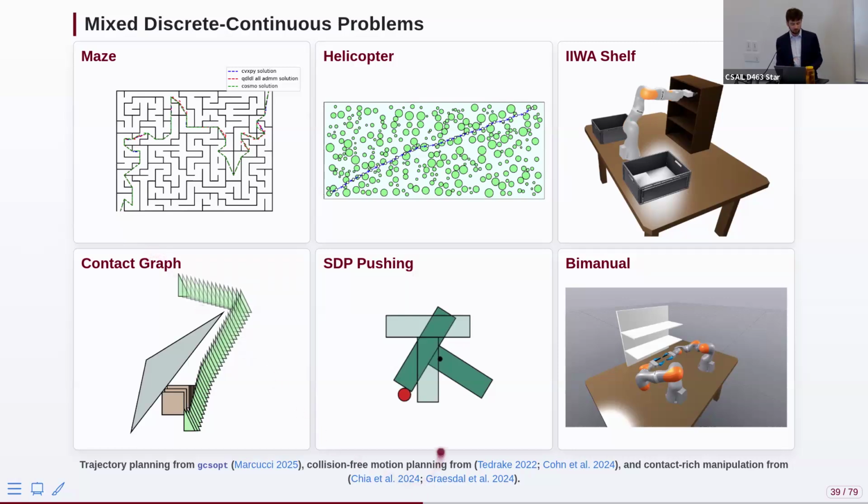For example, if I'm the robot pushing the T around, where am I making contact? When am I making contact with the T object? Which bin am I going to reach into or not? But there's also a continuous component. If I've decided I'm moving between bin 1 and 2, what's the continuous trajectory I take? How hard am I pushing the T? And so on. This is a class of problems we really care about solving.